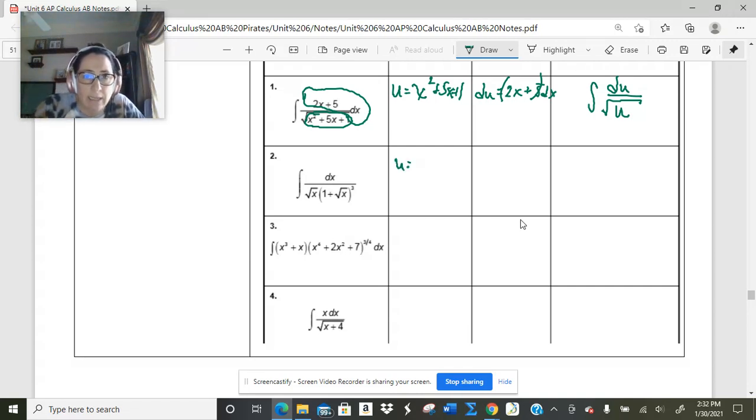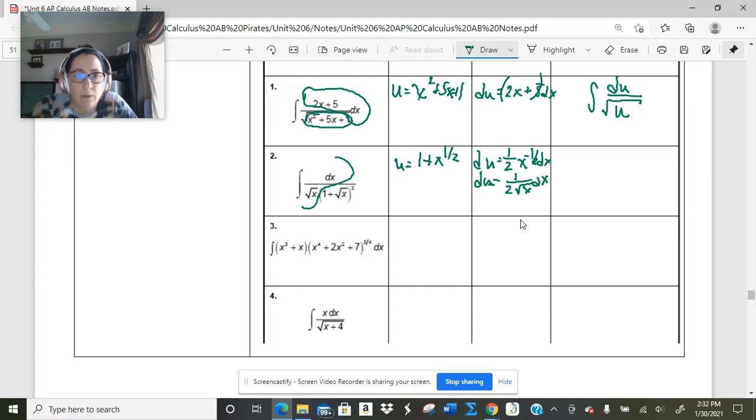I'm going to take that inside to be my u. I'm going to take the derivative of that to be my du. And then I'm going to try to see what I need. Well, I need a dx over the square root of x. So I don't need that 2, so I'm going to multiply it over.